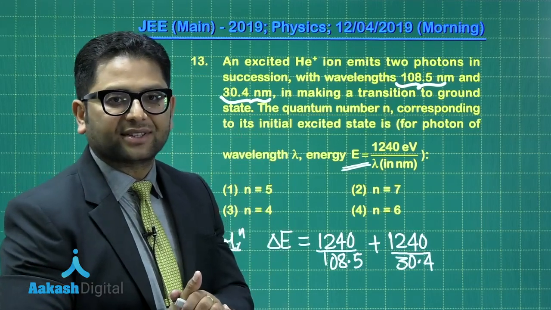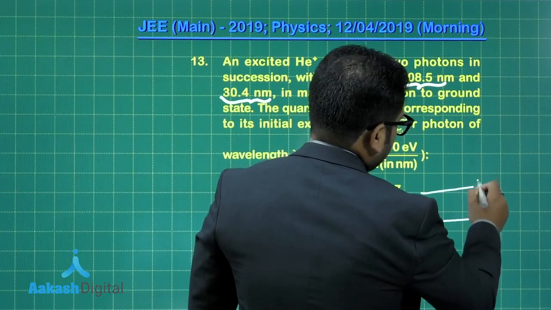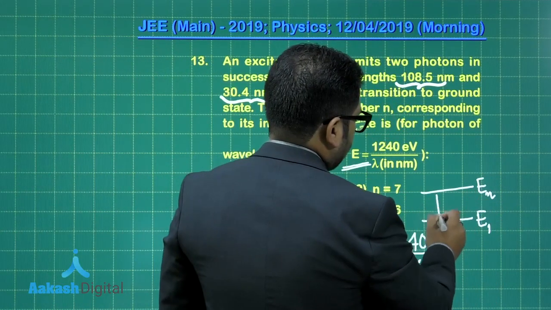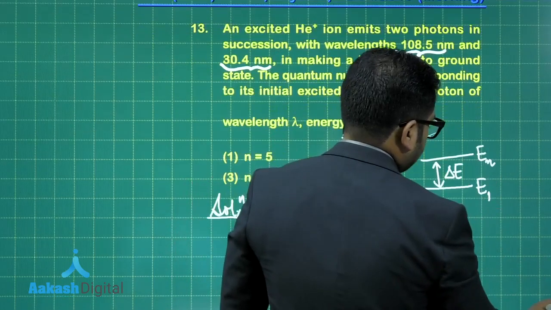corresponding to the transition. So it's something like this. This is the energy of the nth state, this is the energy of the first state, and there goes the energy gap that we have calculated.